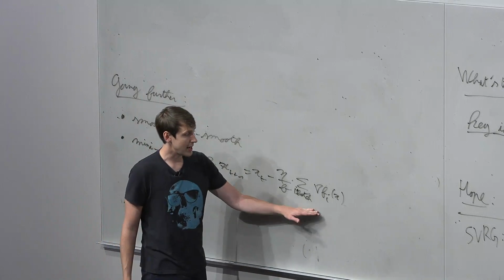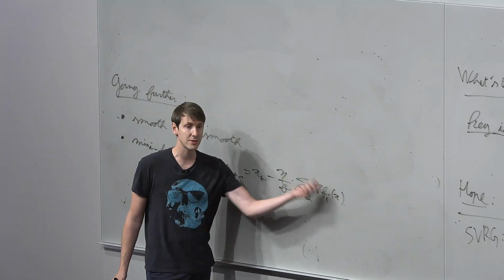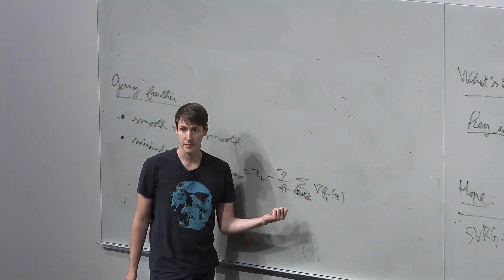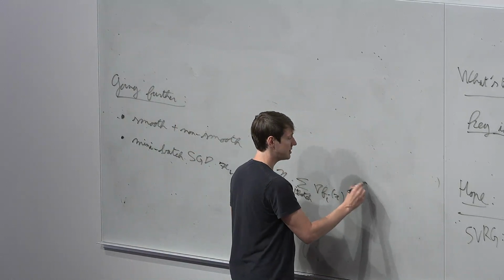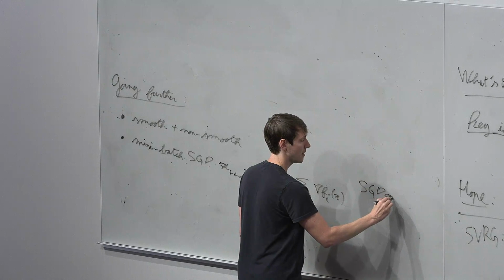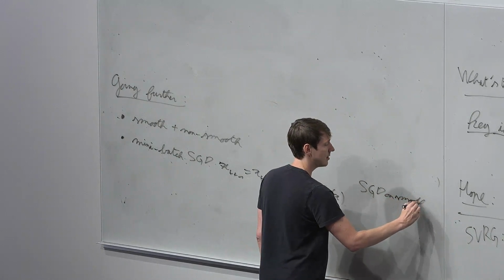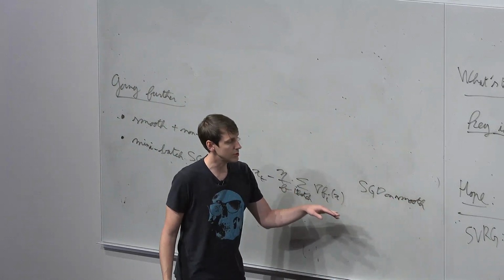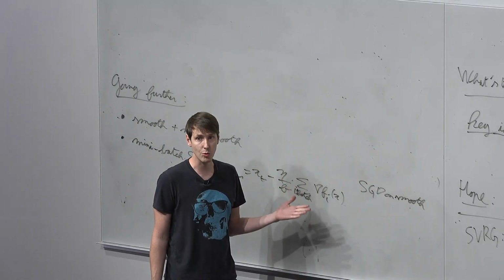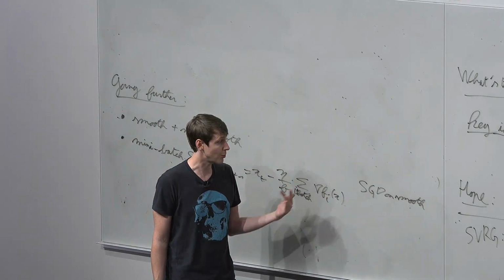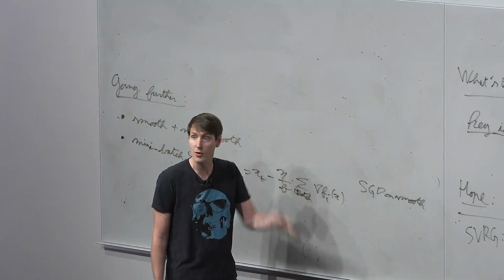The point is, why can you improve? You can improve because the variance of this thing is going down. What can you prove? You can prove that SGD on smooth functions, note that we know we cannot beat 1 over epsilon squared, because the very first lower bound that I did yesterday was that 1 over square root t is the best you can do even on a linear function.